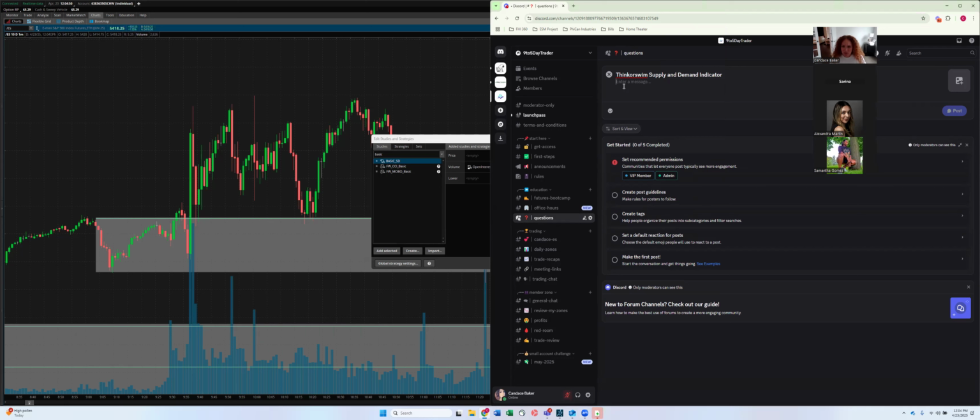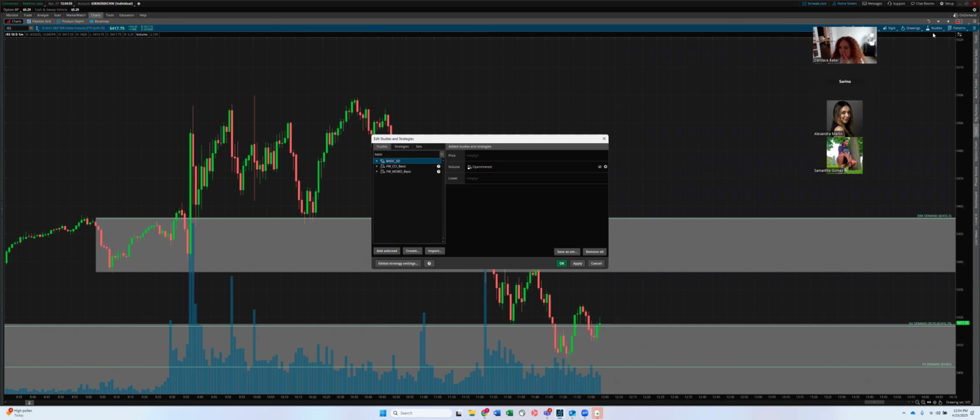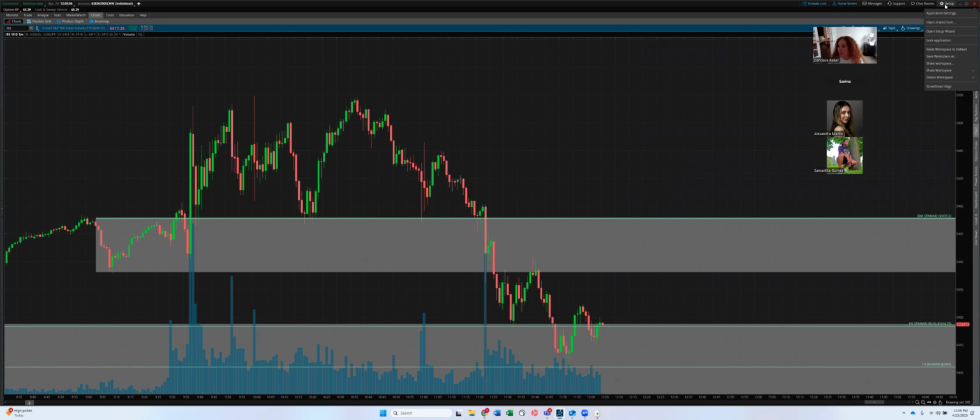When you click on it, what does it do? Let's see here. Basically, I'm sharing my screen. Do this instead. Go to your Thinkorswim and under setup, go to your setup and then say open shared item. Okay, let me log in here.